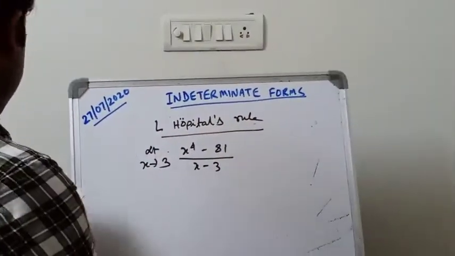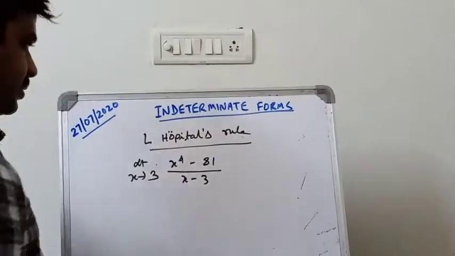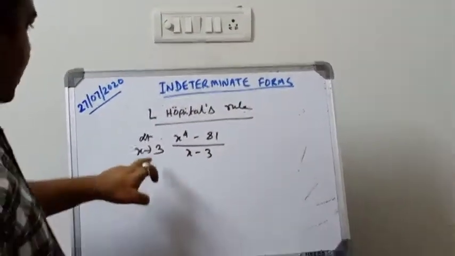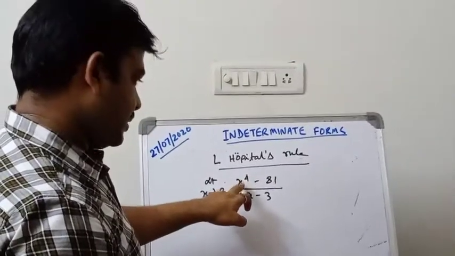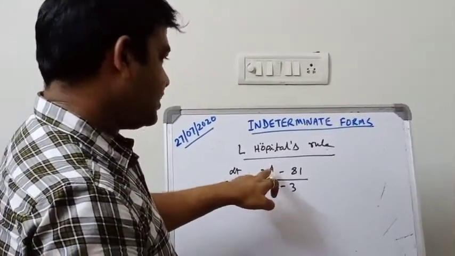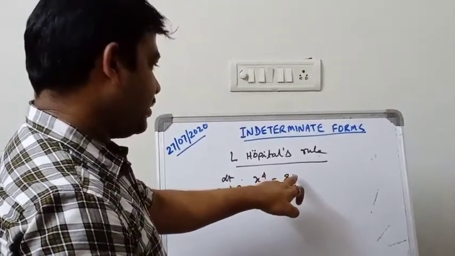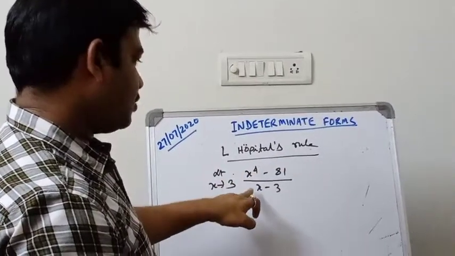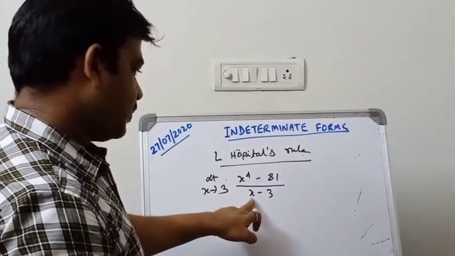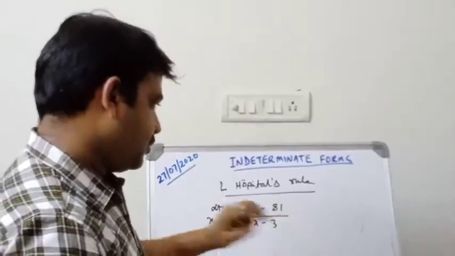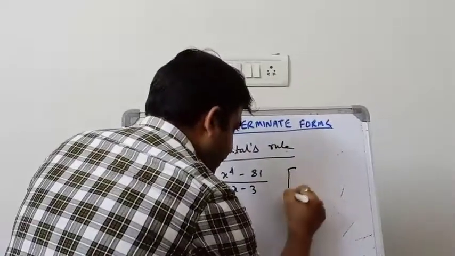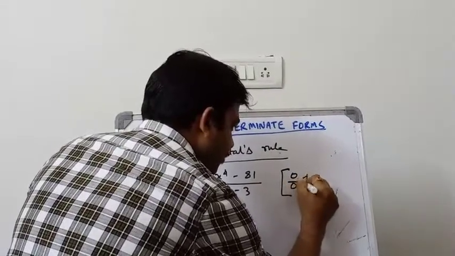How do we solve this sum? By L'Hospital's rule. Okay. Look, if I put the value normally, x tends to 3, that means if I put 3 in place of x, look, 3 to the power 4 is 81, so 81 minus 81 is coming 0. And the denominator also, if I put 3 in place of x, 3 minus 3, it is also coming 0. So it is 0 by 0 form. So you have to write it this way. 0 by 0 form.